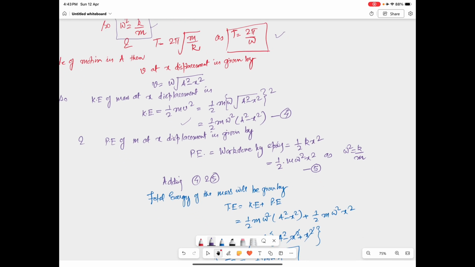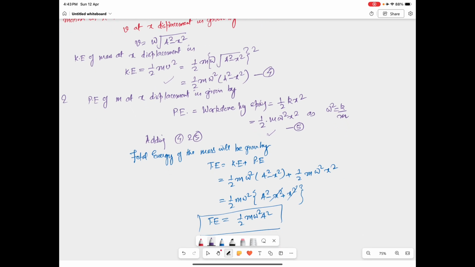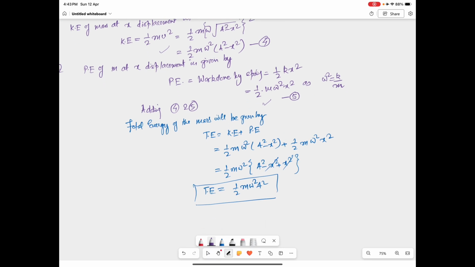I have substituted k as m omega square. So I got this potential energy formula, which is half m omega square x square, when the compression of the spring is x. So the total energy will be kinetic energy plus potential energy. I have added these two terms, x square and x square get cancelled. So we get the total energy as half m omega square A square.